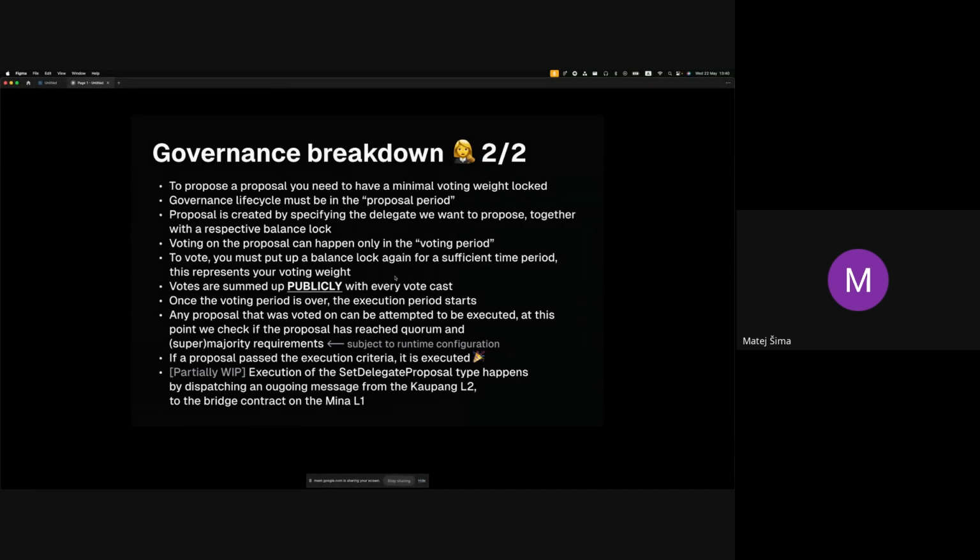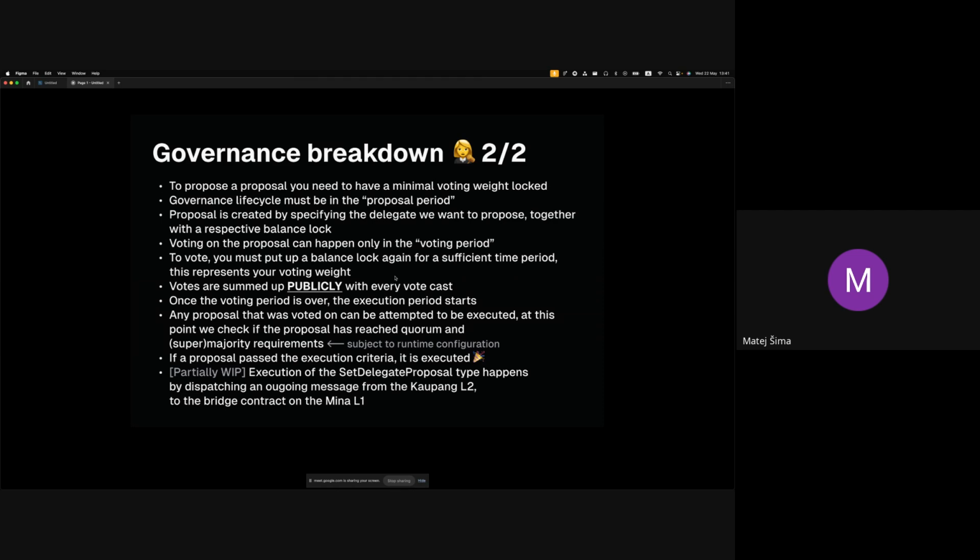I'm not exactly sure if I am explaining it correctly. I would have to look at the code again, but essentially we measure the yes and no votes against the quorum to measure participation. Plus, we also measure majority or supermajority, depending on the config that you choose. That means that a lot more people had to vote yes than no for the proposal to pass. And if the proposal is passing, then you can execute it during the execution period.